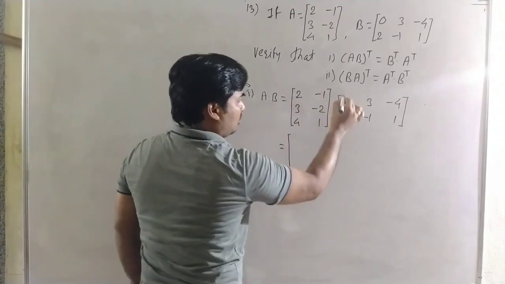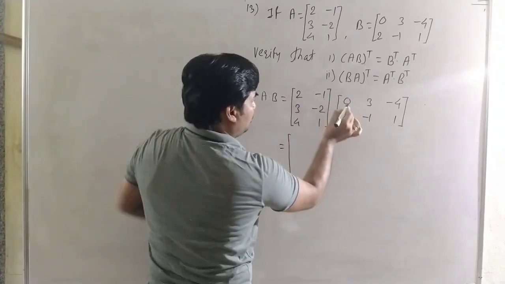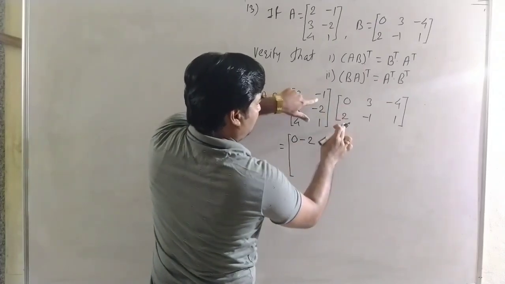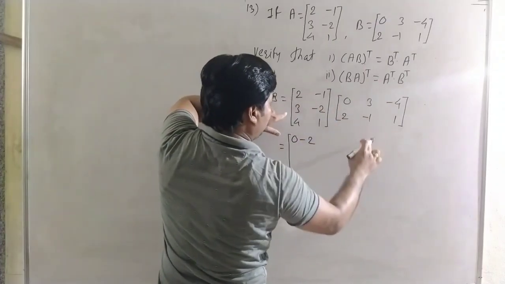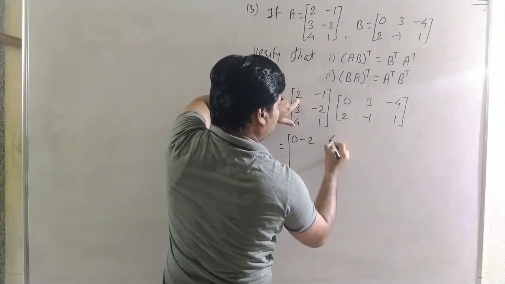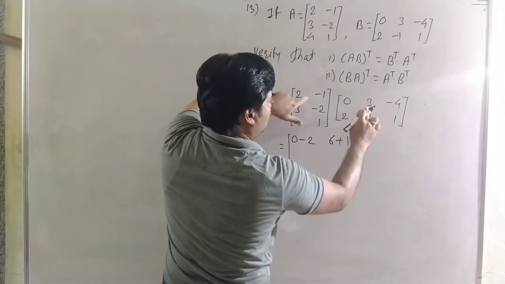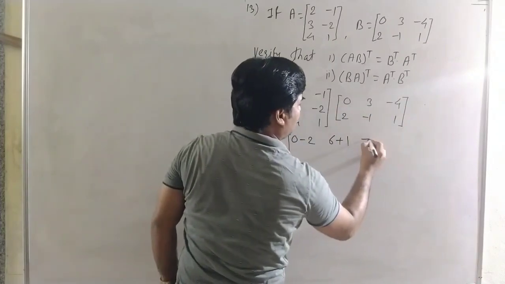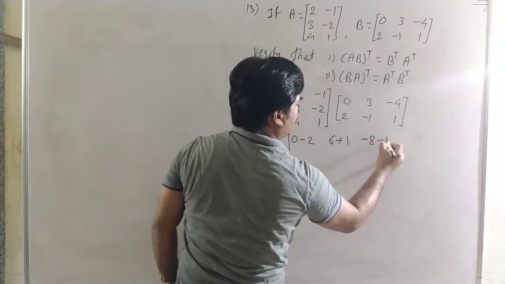Here, first row, first column, that is 2 into 0, it is 0 minus 2. Now first row, second column, it is 6 plus 1, 6 and minus 1 into minus 1. Now first row, third column, it is minus 8 minus 1.